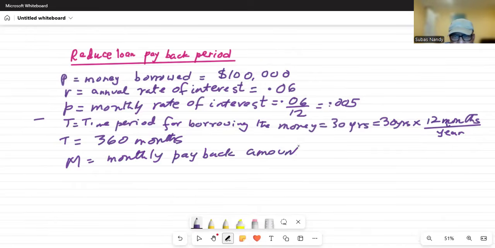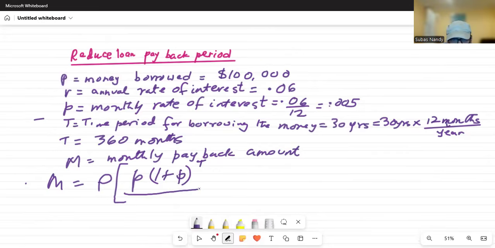And that formula is given by M is equal to capital P times small p, which is the monthly percentage rate, times 1 plus small p raised to the power of t, as in time period, divided by 1 plus p to the power of t minus 1.